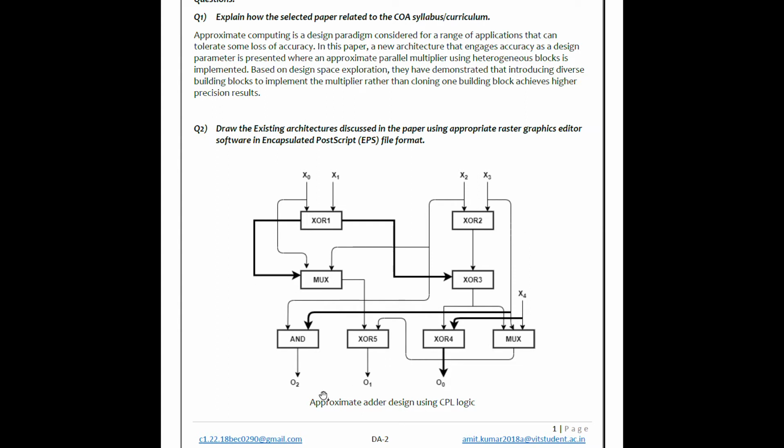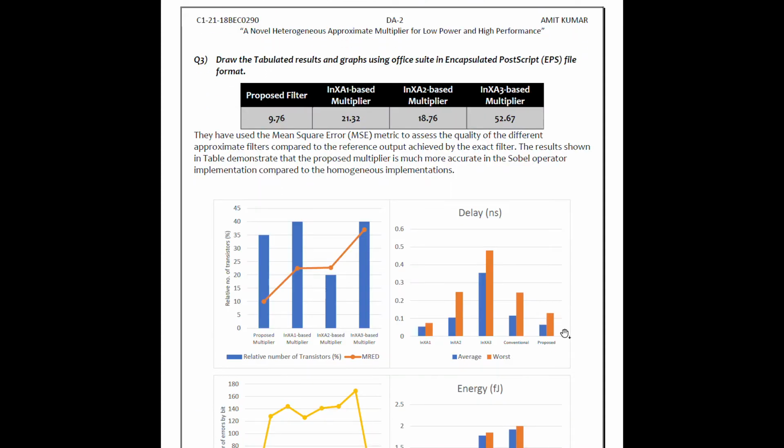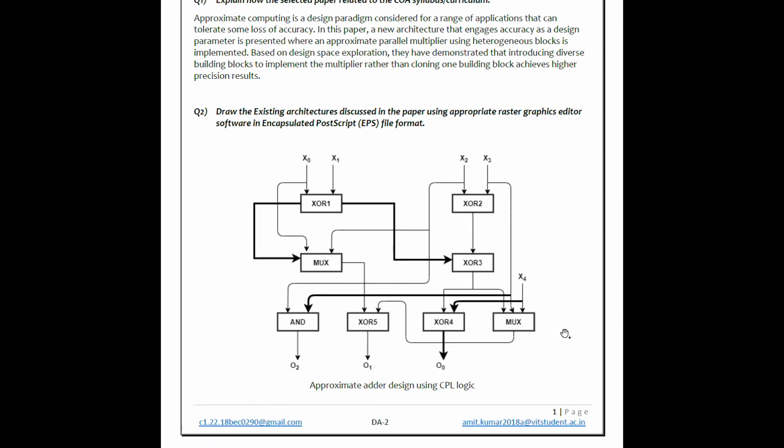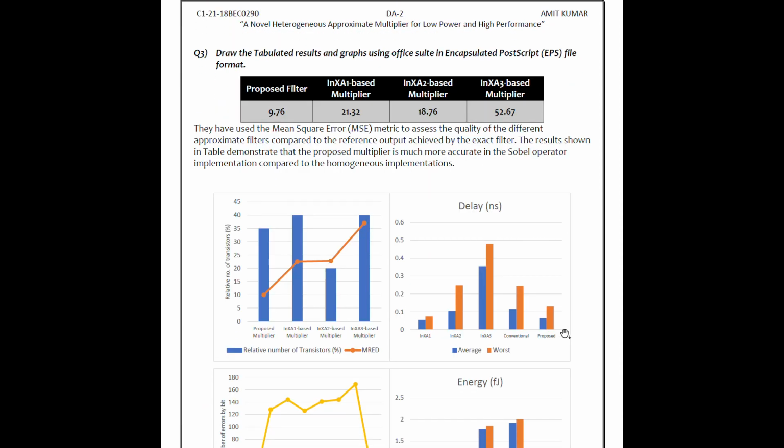And this is the diagram of approximate adder design using CPL logic, where you can see 3 XOR at the top and 2 XOR at the bottom, and there is an AND logic, and these are the inputs and this is the output. This is the existing paper architecture. Then come to the third question.